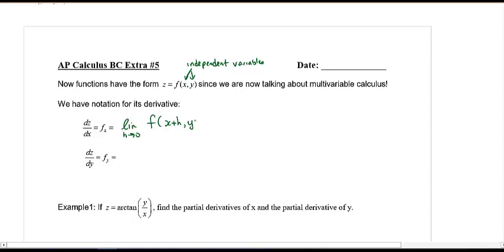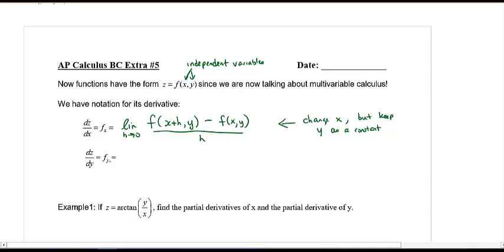The idea here is we're trying to change the x, but you want to keep the y variable as a constant. That does not change. That's what f sub x means, the derivative with respect to x.